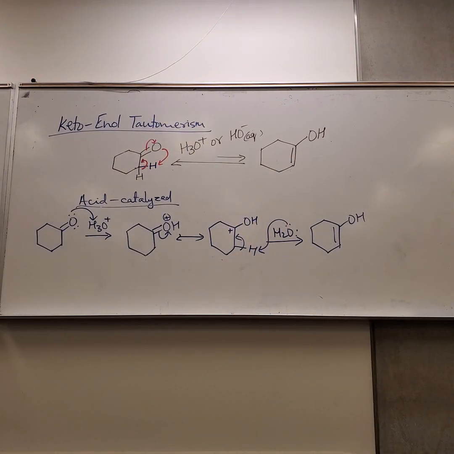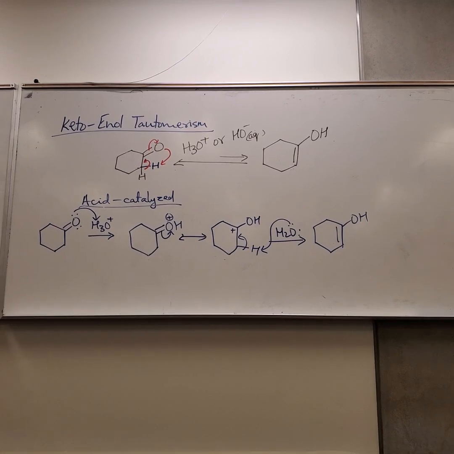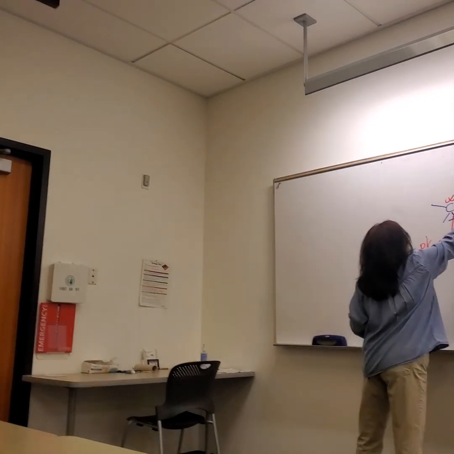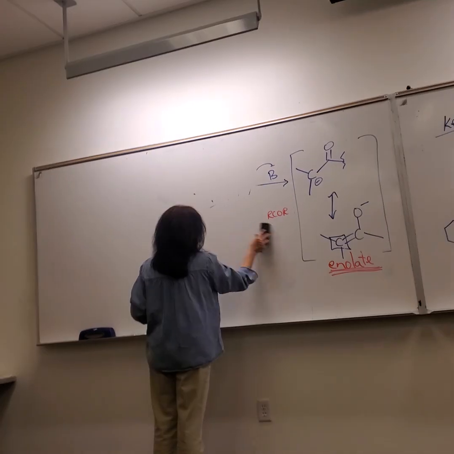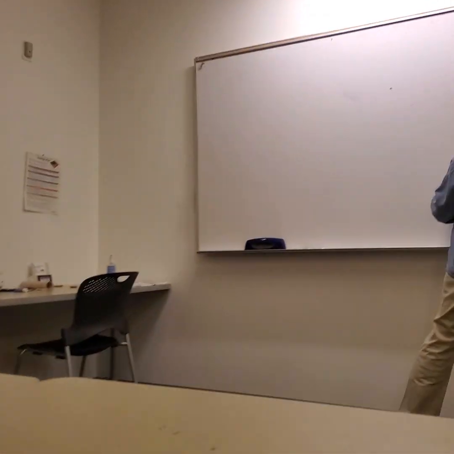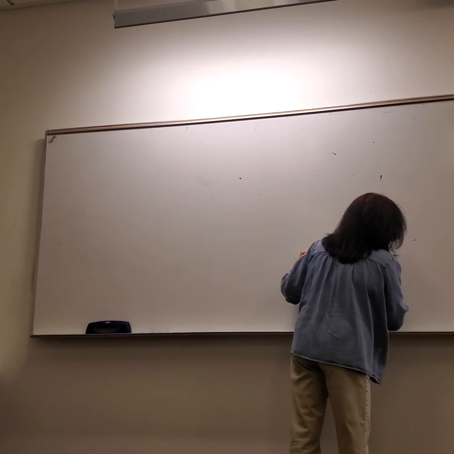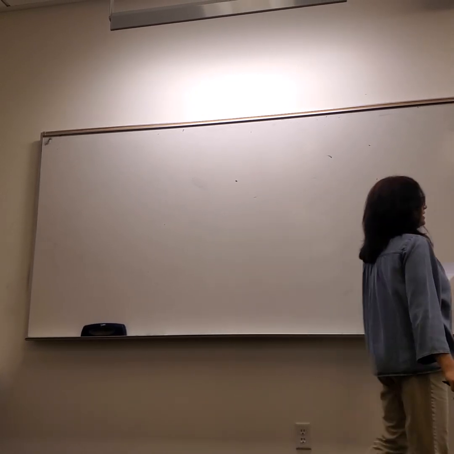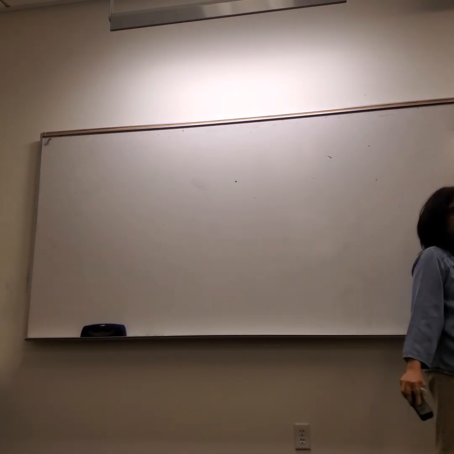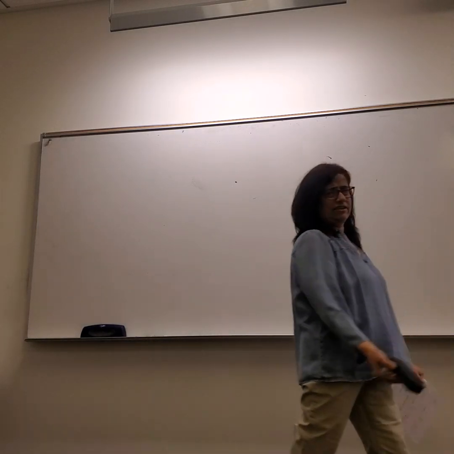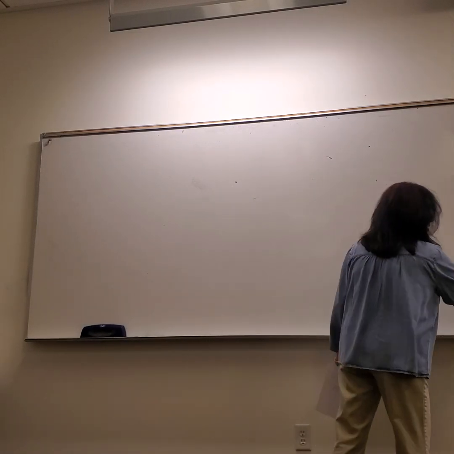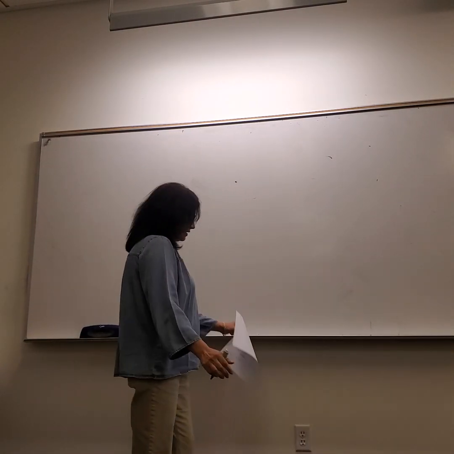Oh, by the way, before I go forward, in an acidic environment, when this is happening in presence of an acid, do we get an enolate at all? No, you don't. Enolate is created only in the base environment. Agreed? Because enolate is negative. Negative can exist only in basic environment, not in acidic environment.